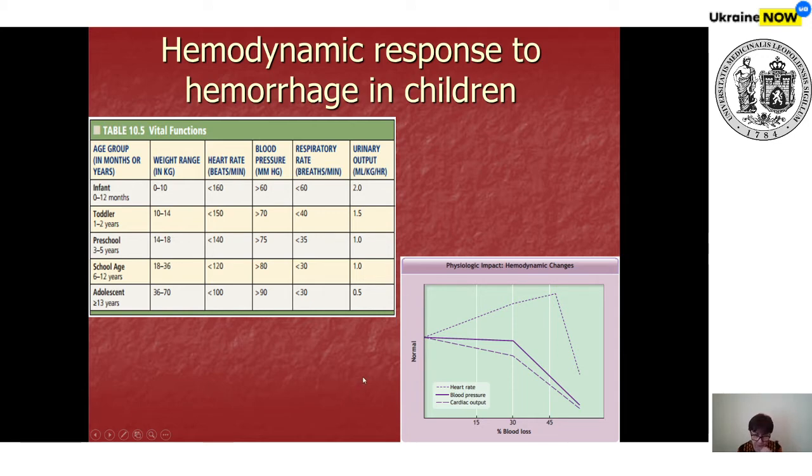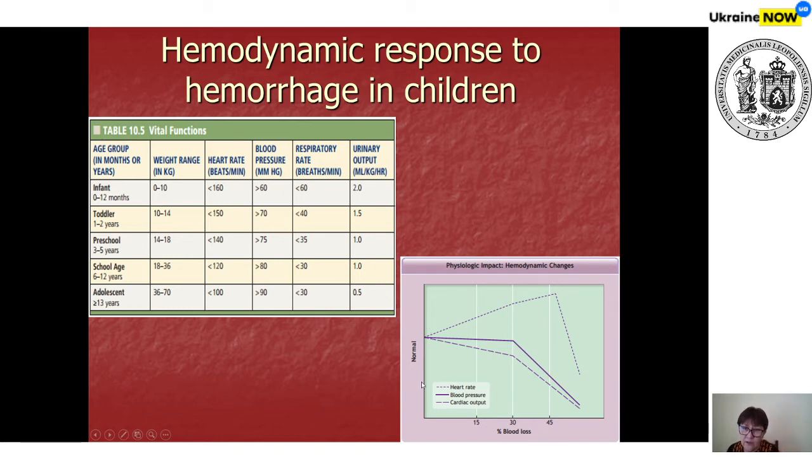Hemodynamic response to hemorrhage in children is different from adults. You can see in this table the weight range, heart rate, blood pressure, respiratory rate, and urinary output for children of different ages.